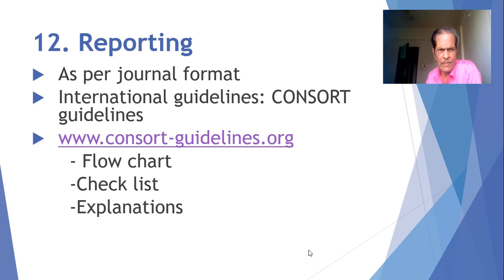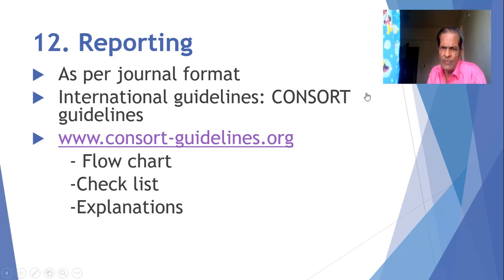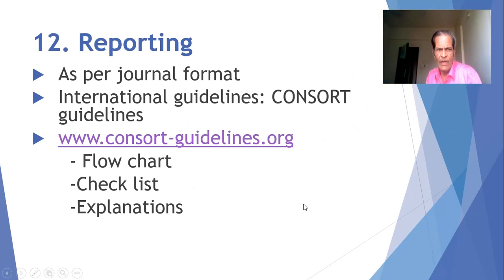Reporting of the clinical trial is to be as per the journal format, for the journal to which you are sending the article. Most of the journals accept the article or the report if it is prepared as per the CONSORT guidelines. CONSORT is the name of the organization that has prepared these guidelines, and this is the website address of the CONSORT organization.